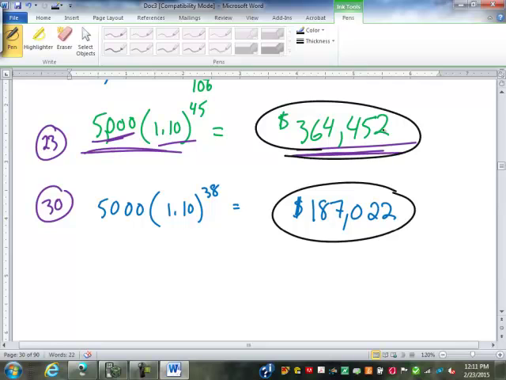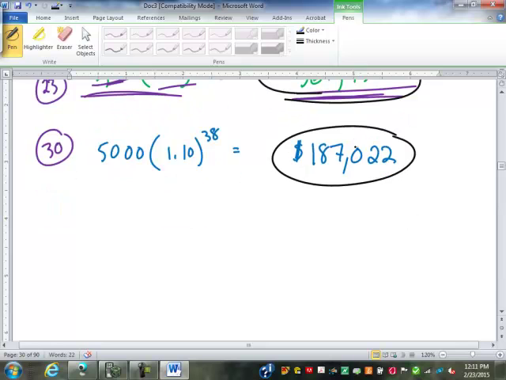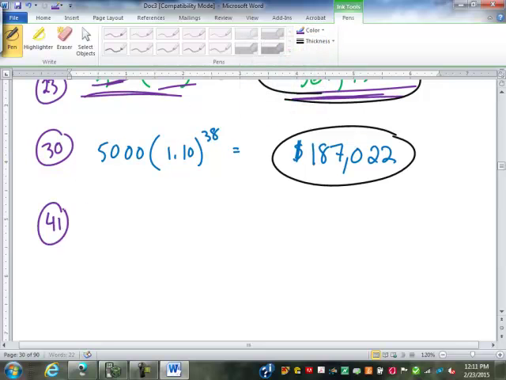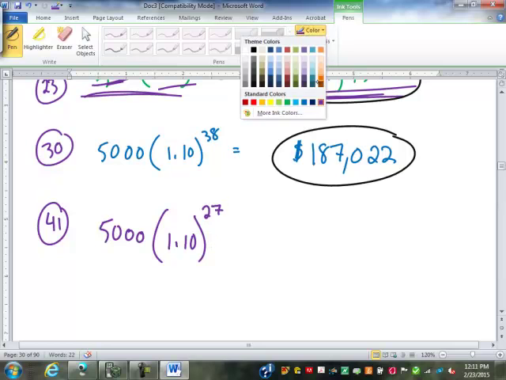Let's say you wait till you're my age. I'm 41 right now. Which means, let's say I put the same 5,000 away. I get the 10% interest, so 110% at the end of the year. But at 41, I only have 27 years to go to hit the whole 68.